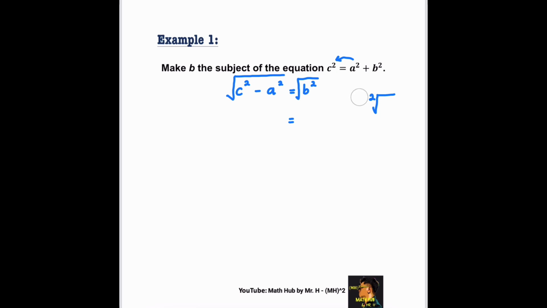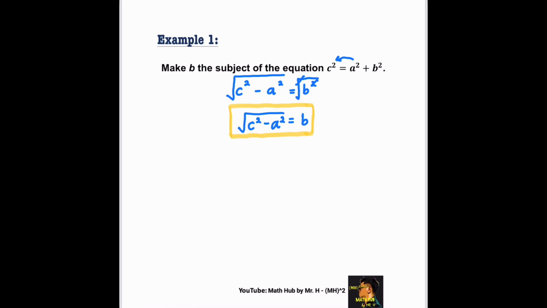That square root of b squared cancels the exponent 2, and we will be left with b. And we just simply copy everything on the left-hand side. So b is equal to the square root of c squared minus a squared. And that is our final answer.